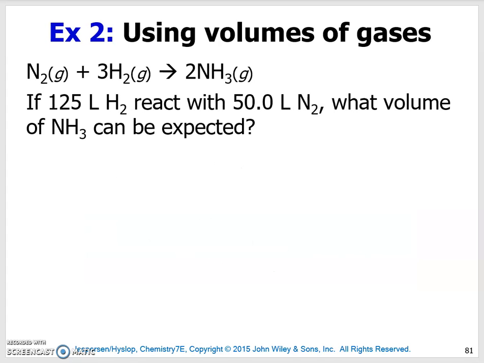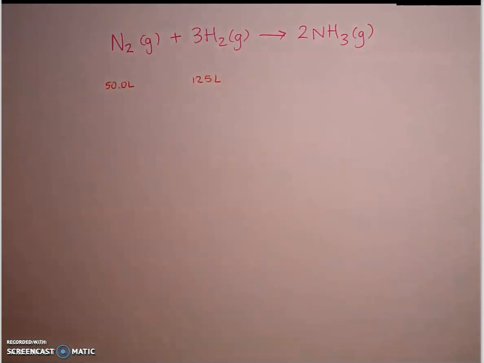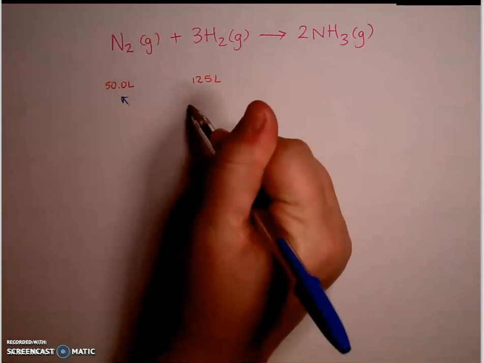Alright, this is the one I did by hand. So, same reaction, but now different starting conditions. If I have 125 liters of hydrogen react with 50 liters of nitrogen, what volume of ammonia can be expected? I've written that chemical equation up there, and the amounts of each reactant.